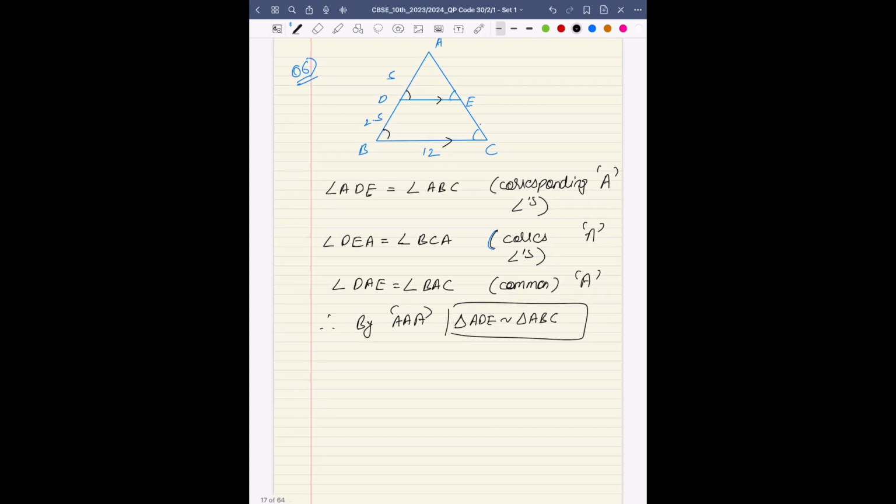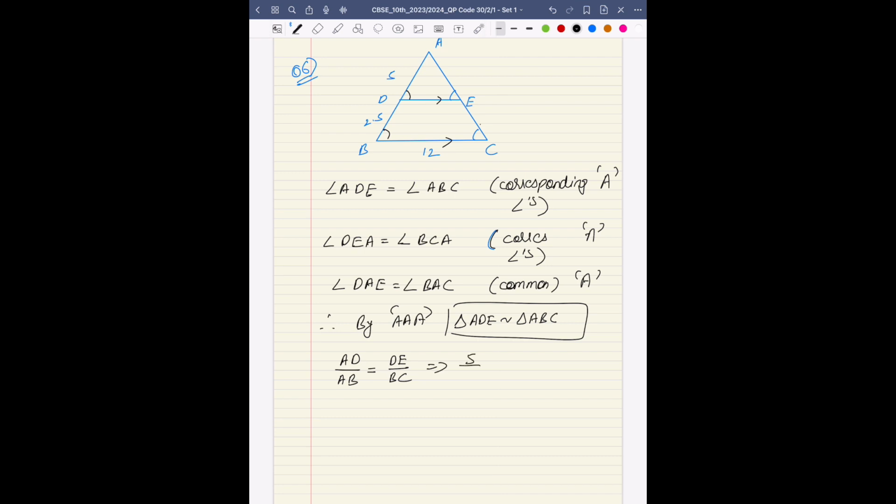If this is the case, then of course AD upon DB will be equal to, so we can't take AD upon DB, we need to take the full. So you have AD from triangle ADE and you will have AB from triangle ABC is equal to the third side DE upon BC. What happens?